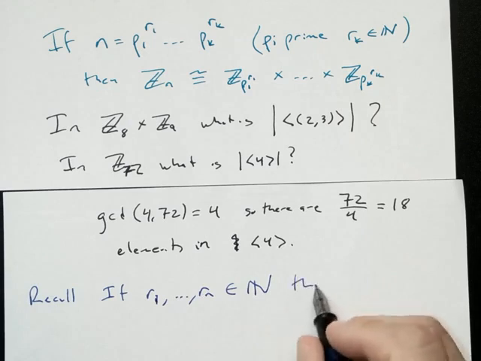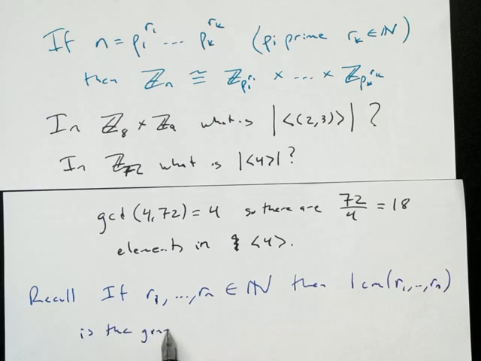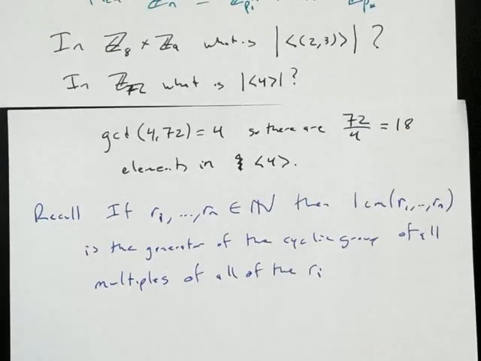Then the least common multiple of all of those integers is the generator of a cyclic group of all multiples of all of the Ri. Or in other words, the group of numbers so that Ri divides every one of those numbers for all i.